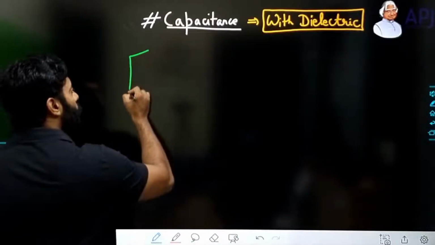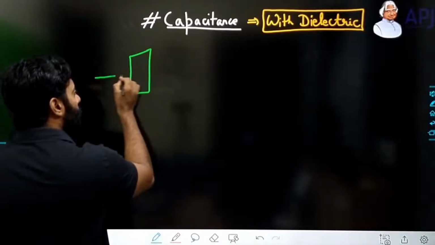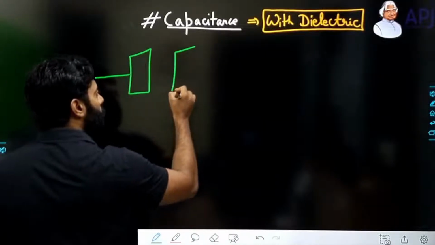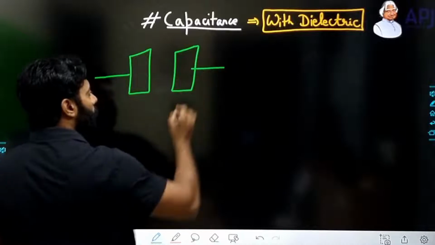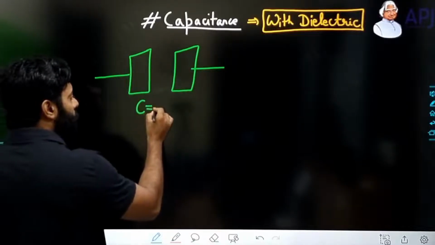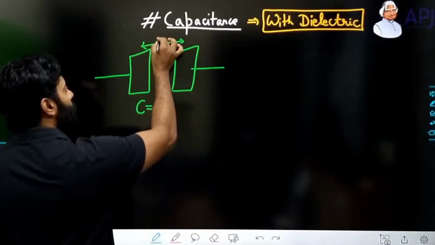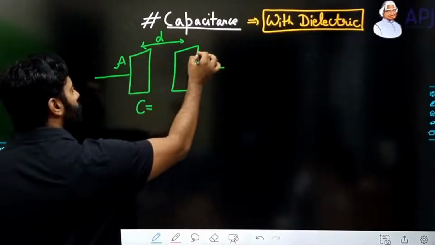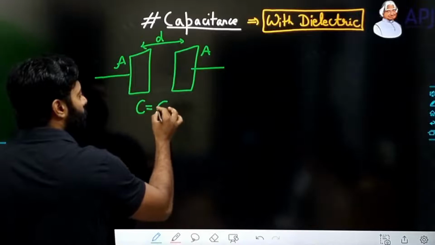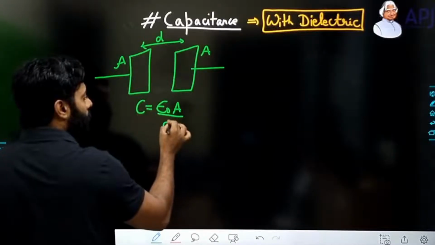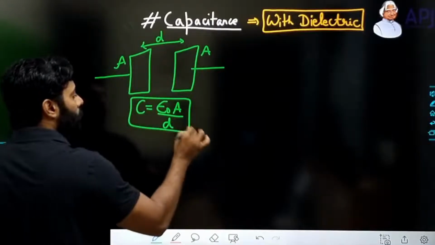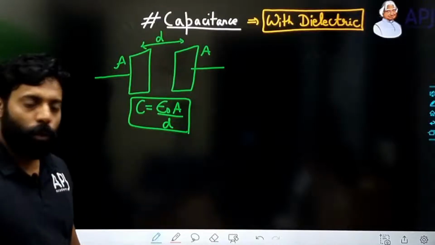Now assume that we are having parallel plates, and we know that the capacitance due to this arrangement, where the distance between them is D and the area is A, is epsilon naught A by D. This is my capacitance, right?